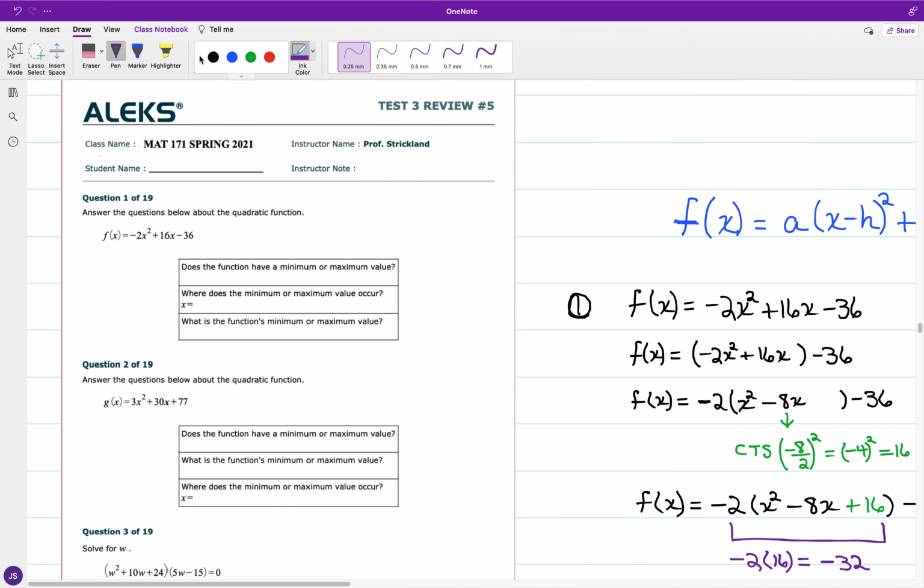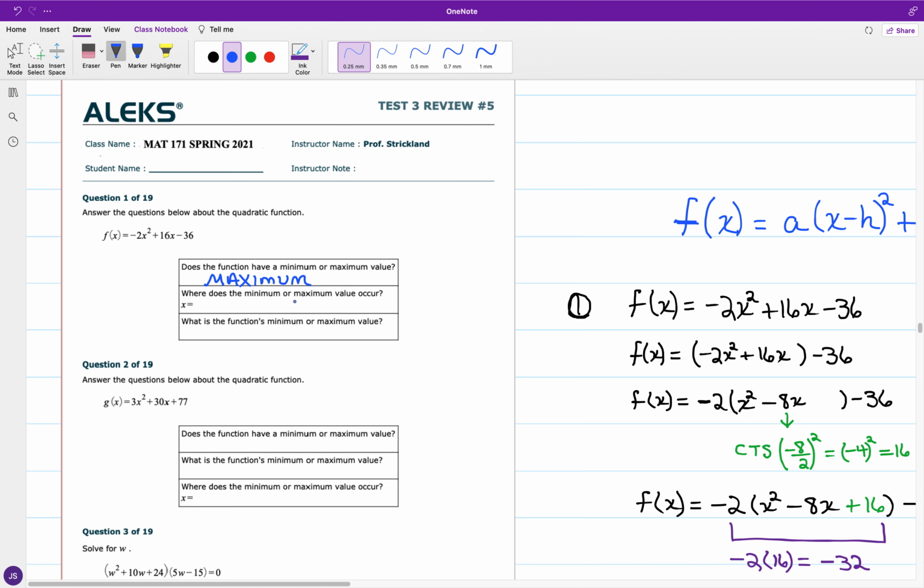In terms of whether the function has a minimum or maximum value, the graph is going to open downward, so the vertex is going to be the high point, and that is going to be the location of the maximum. And the second question: where does the maximum value occur?